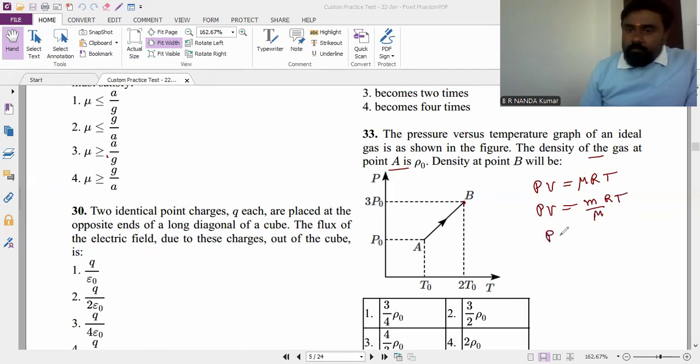PV is equal to mu RT, where mu is small m by capital M. So P is equal to m by V, times RT by M. M by V is rho.